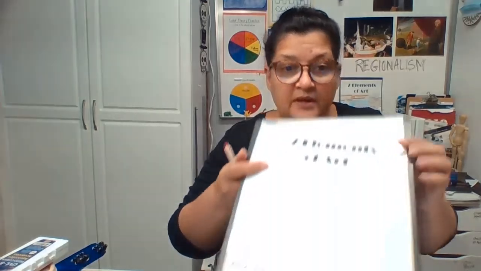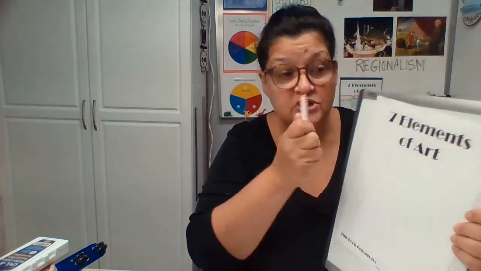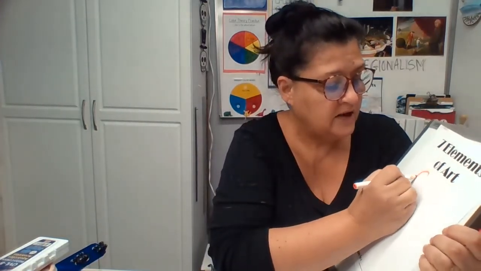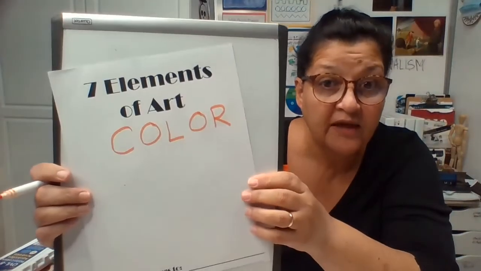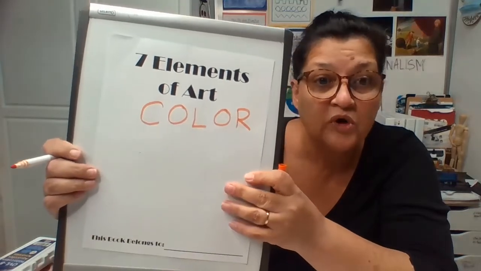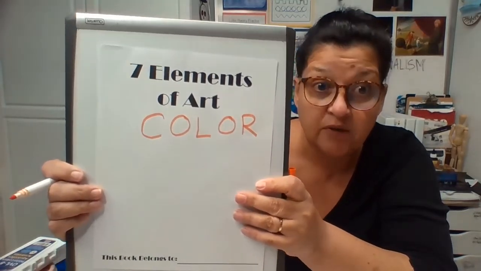So I'm going to write the word color, and you're going to do the same thing on your paper. I'm going to use an orange color to write the word color. C-O-L-O-R. Color. Can you see that? That's the word color. That's your first element of art.